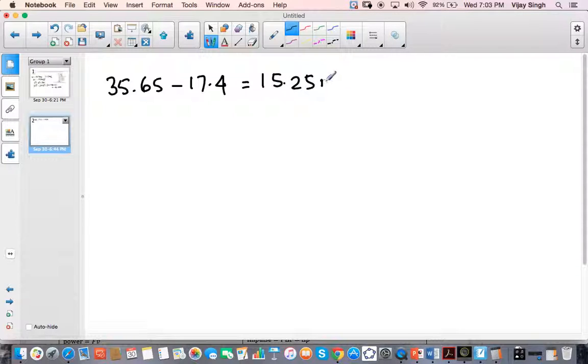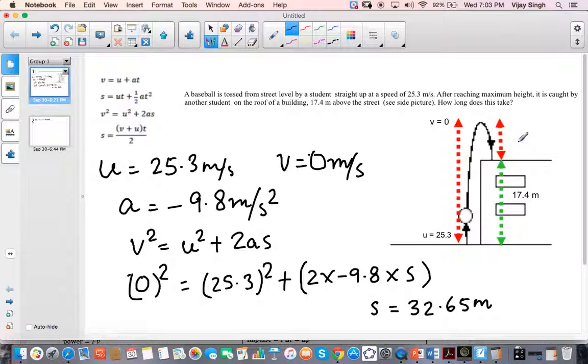This is the distance we have calculated.